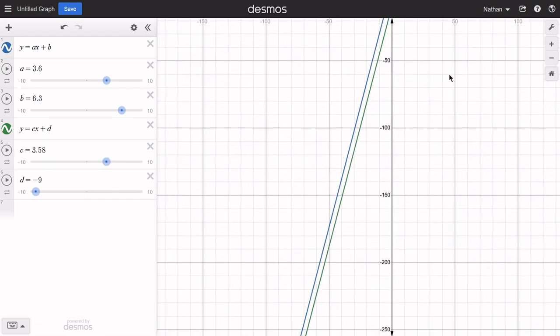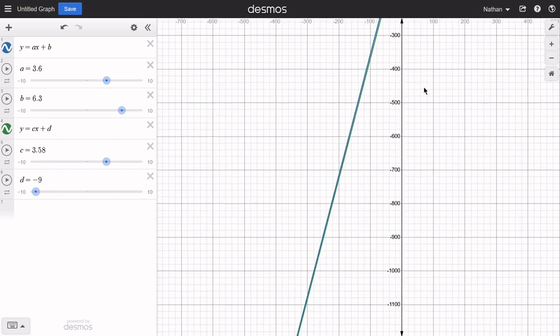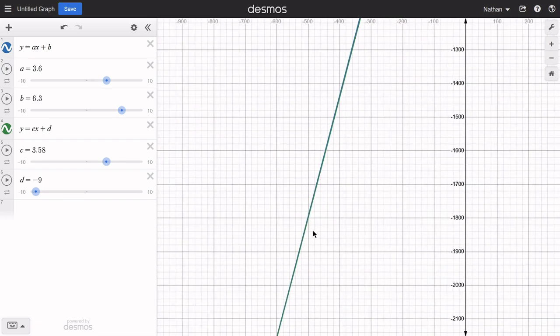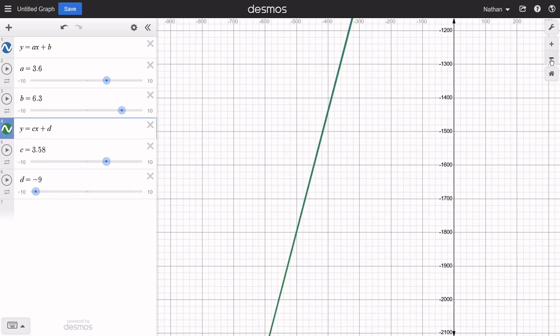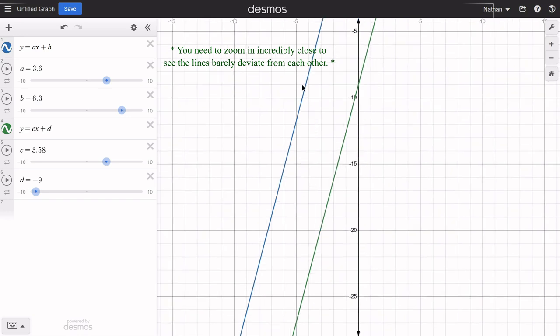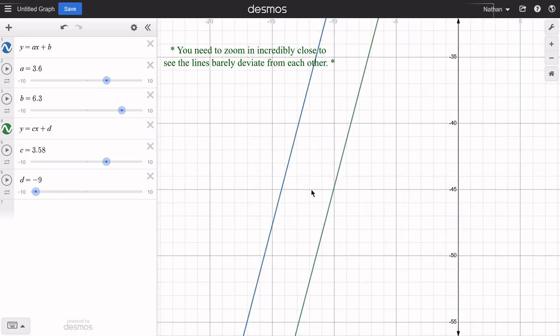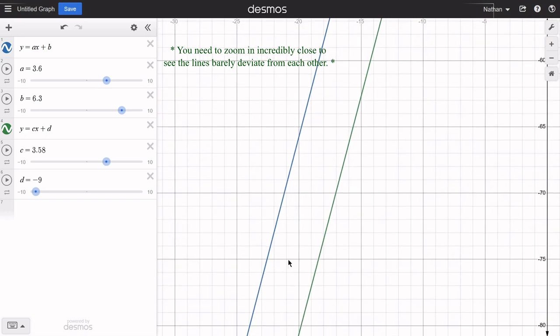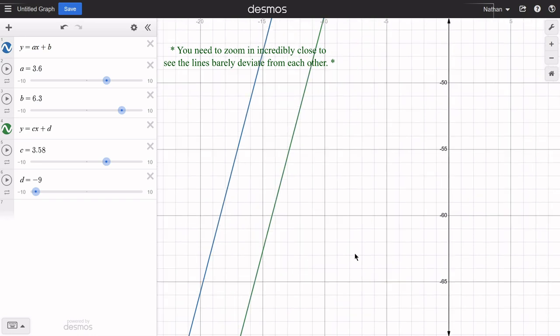If I zoom out a little bit and go down, Desmos will actually find the solution right here. That's where the two lines intersect. So yeah, it's going to be too hard to see exactly where it's at, but the two lines do cross, and you can see that with the point that Desmos found.